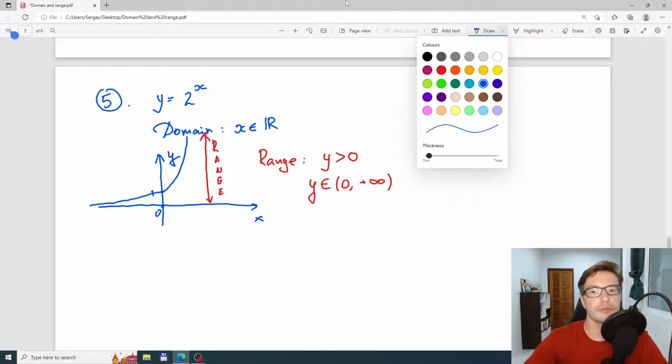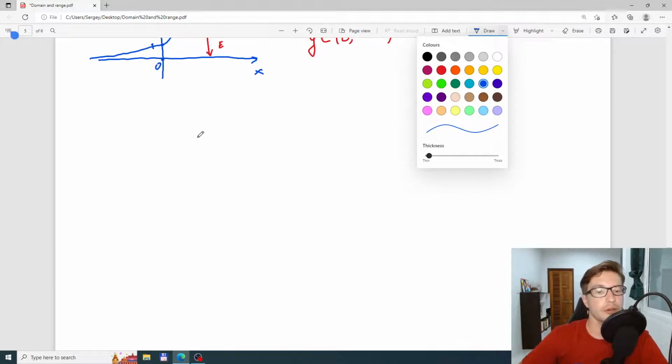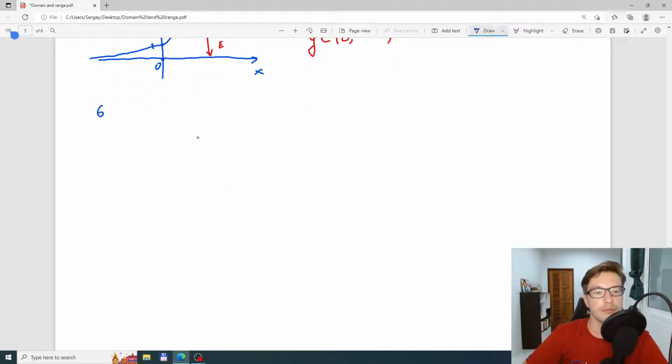Next example. Logarithmic function. Y equals natural log of x plus 1. And let's start with the domain.